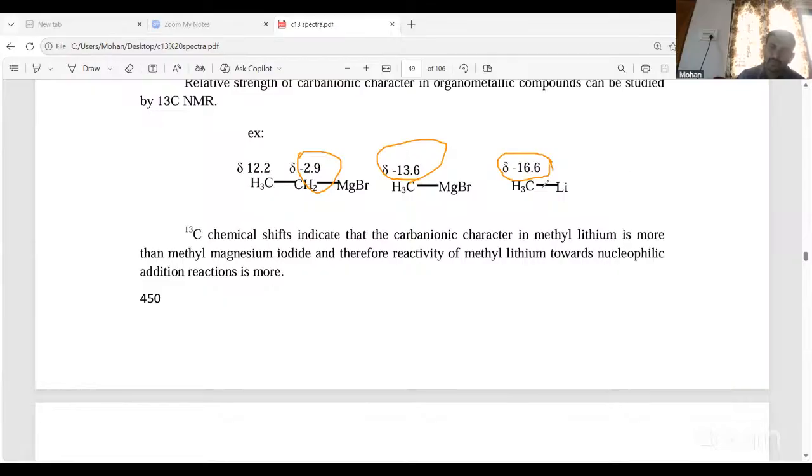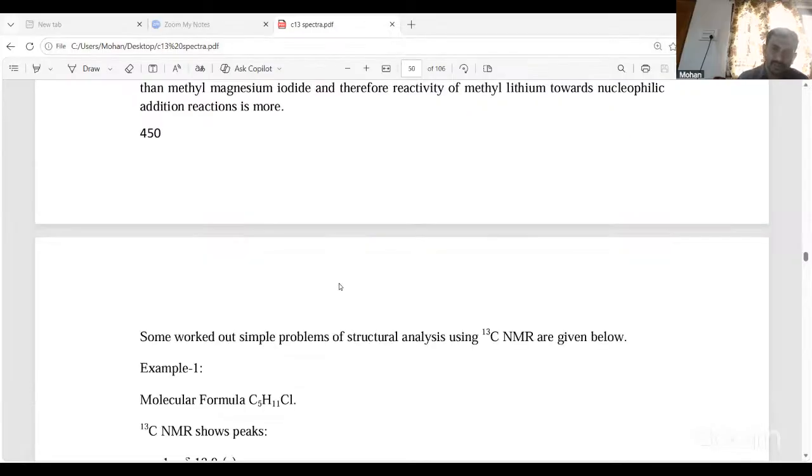So you see this methyl lithium is more reactive because its value is the lowest. And the value for ethyl magnesium bromide is minus 2.9, meaning higher. This is the reactivity order: methyl lithium is the most reactive, then methyl magnesium bromide, then ethyl magnesium bromide. So by this you can predict the reactivity of the organometallics also.